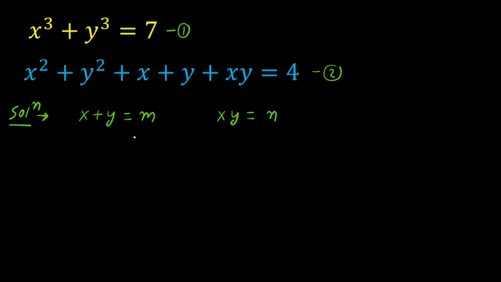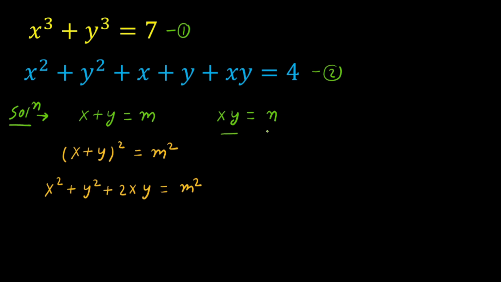If we square both sides, then (x + y)^2 = m^2. On the left-hand side, (x + y)^2 is x^2 + y^2 + 2xy = m^2, and we know that xy = n.